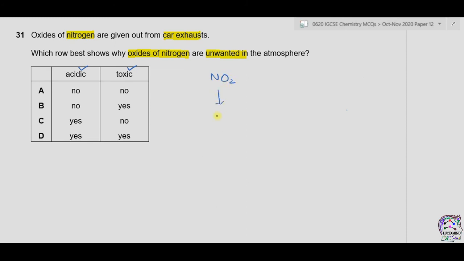As it is a non-metal oxide, so non-metal oxides are acidic in nature. And this is also toxic because it can dissolve in water to form acid rain. So nitrogen oxides are acidic and also toxic. The answer is D.